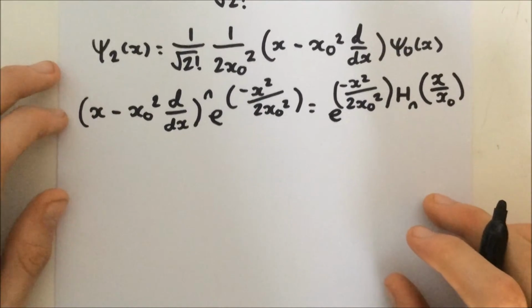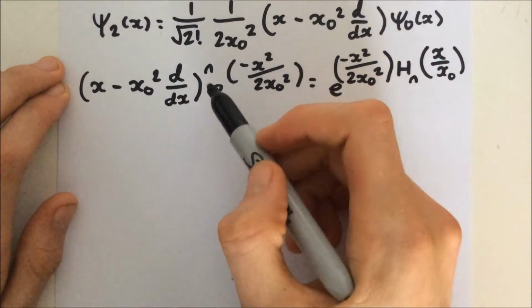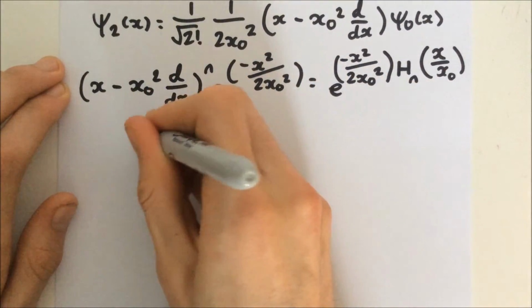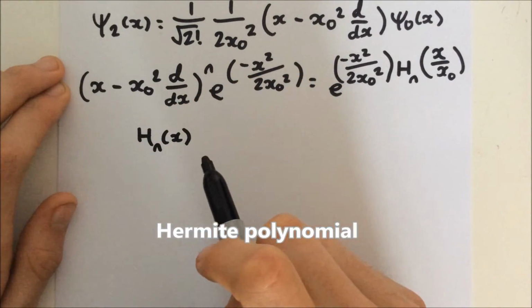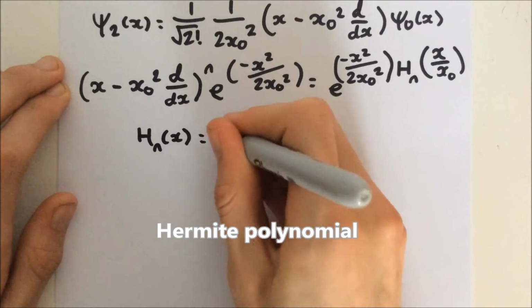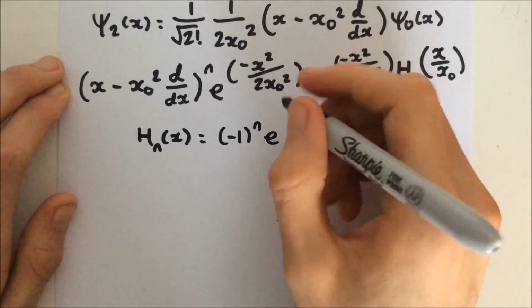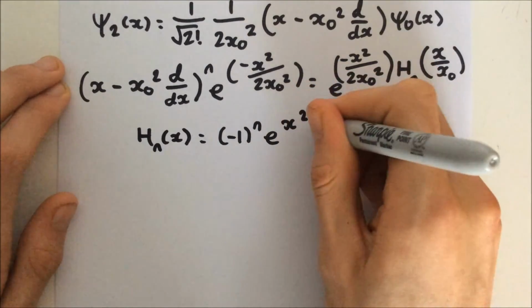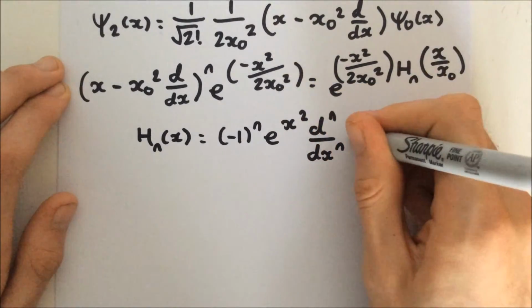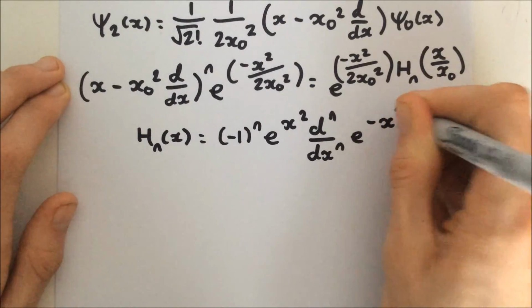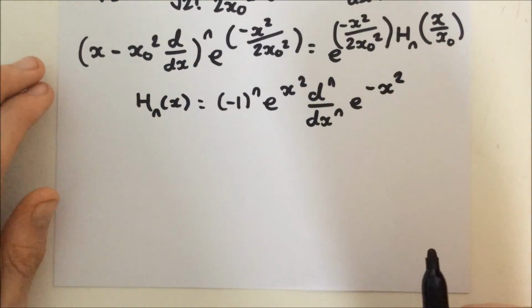I hope that makes sense. We can solve the differential equation knowing this, where H_n(x) is the nth Hermite polynomial, which is defined as (-1)^n times e^(x squared) times d^n/dx^n of e^(-x squared). I suggest you write notes on this.